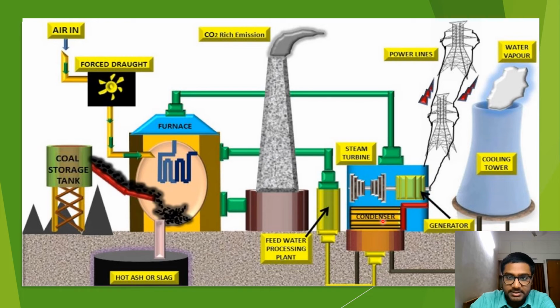This is the steam turbine, this is the condenser that is used to feed the water, and this is the feed water processing plant. This is the generator, a three-phase alternator that converts the heat and passes it wherever required, and this is the vapor coming out of the plant.